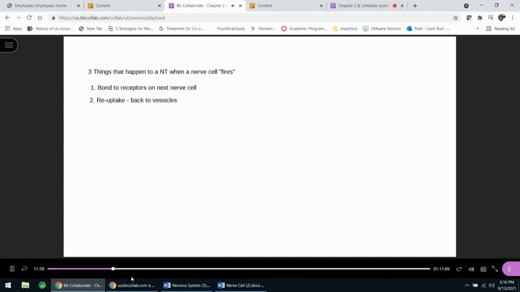The third thing that can happen is the other thing that takes place when a nerve cell fires in that instantaneous pause: an enzyme comes into the gap, passes through the gap, and kind of, I call it, vacuums out any extra neurotransmitter particles that are still left in there.